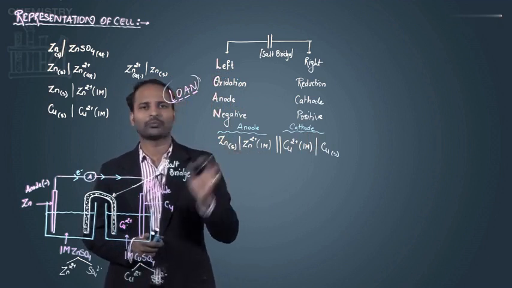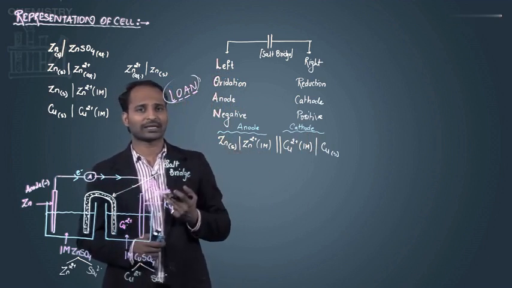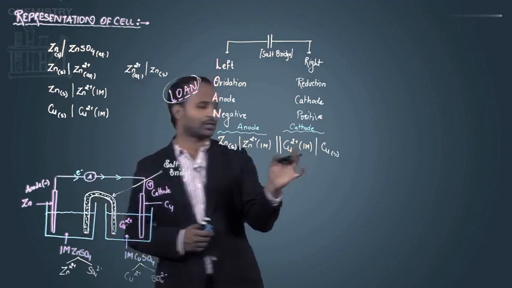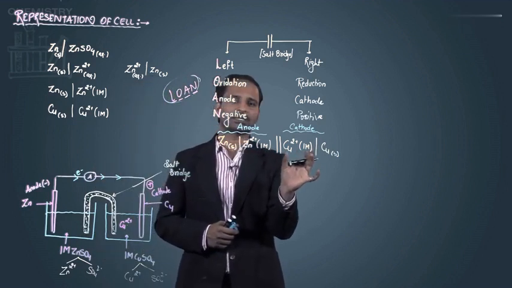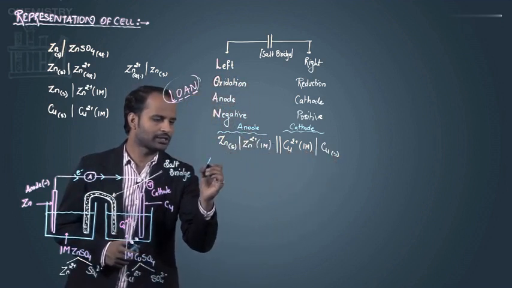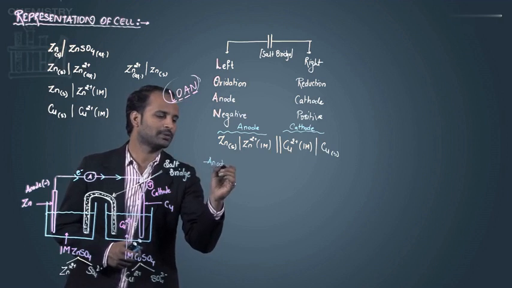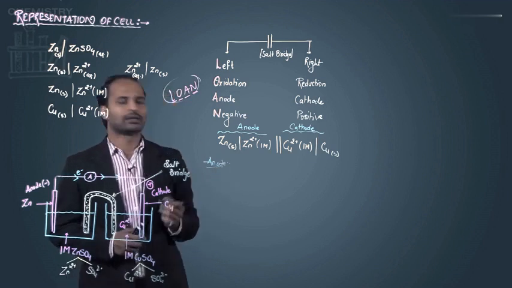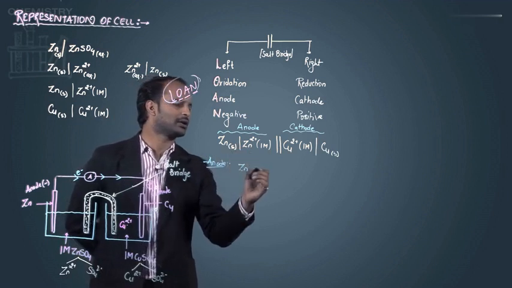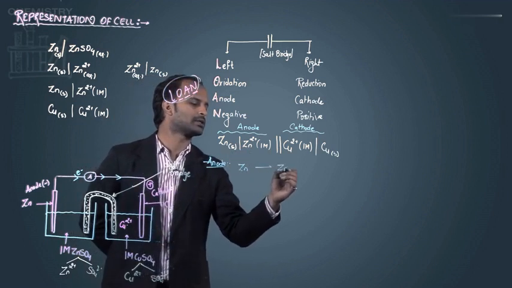Out of these two components, one will act as a reactant and one will act as a product. So let's see what will happen on the anode. Suppose I consider zinc first as a reactant, then ultimately zinc 2 plus will act as a product.